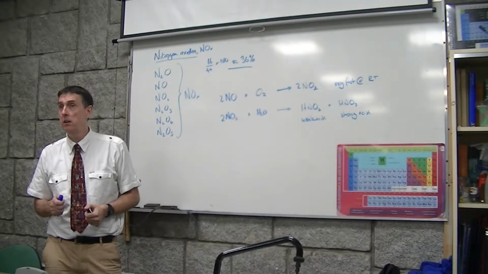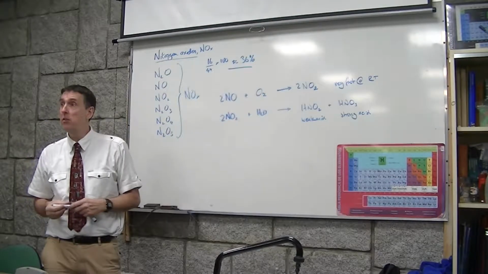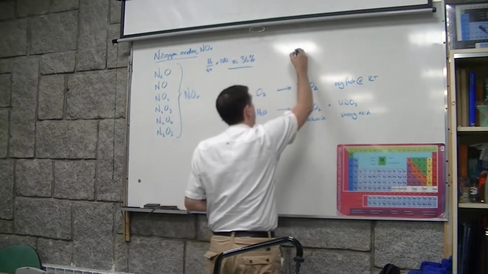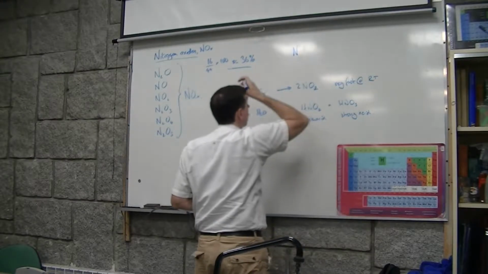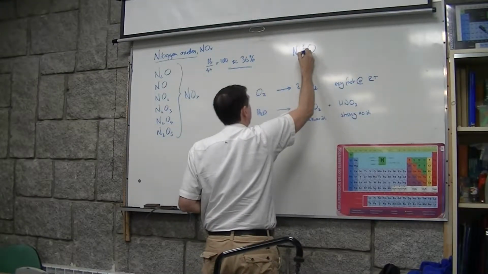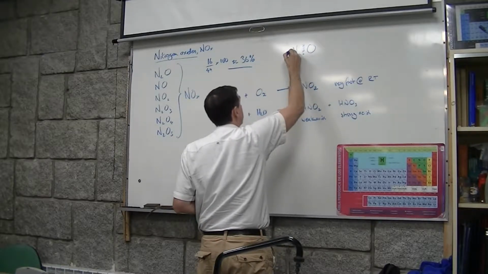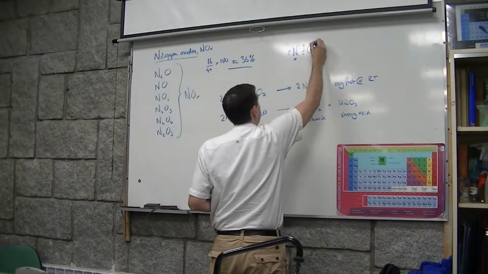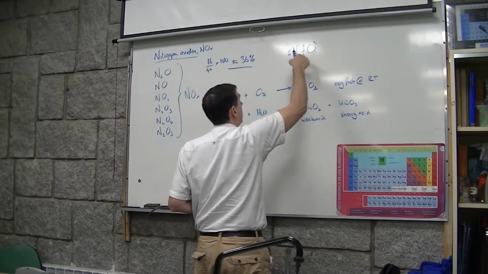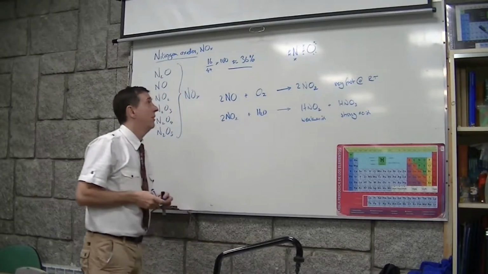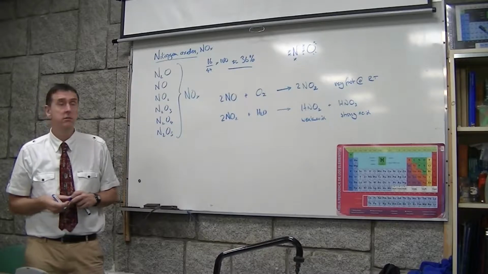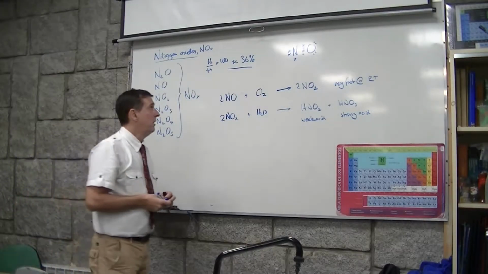Because they have an odd number of electrons in the outer shell, which means that nitrogen monoxide, if we draw a Lewis structure, well, even if we share all of the available electrons for the oxygen, that's still going to leave us with nitrogen electron deficient, it's got 7 electrons in the outer shell.